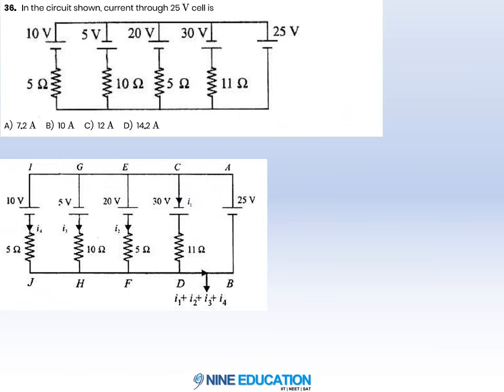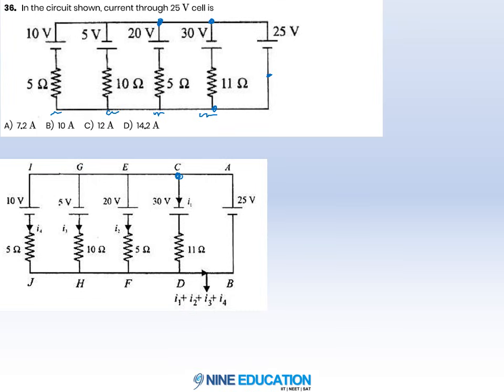So in this question, we have to find the current across this cell. If you observe carefully, all the branches are in parallel combination. Parallel combination means the potential difference across each branch is the same, which is 25. So we are going to calculate the individual current in all the branches, then we will add up all the currents.